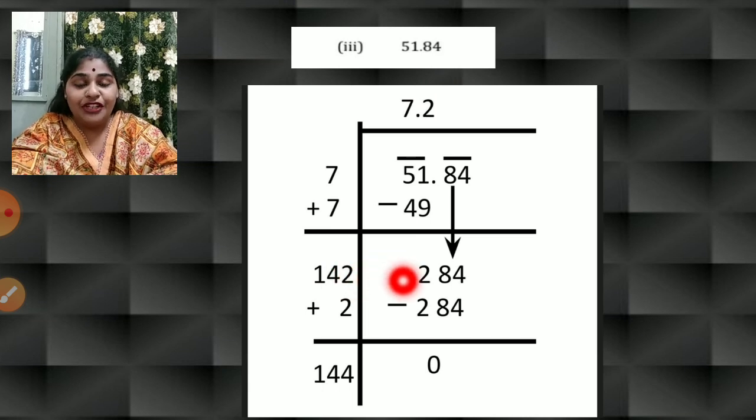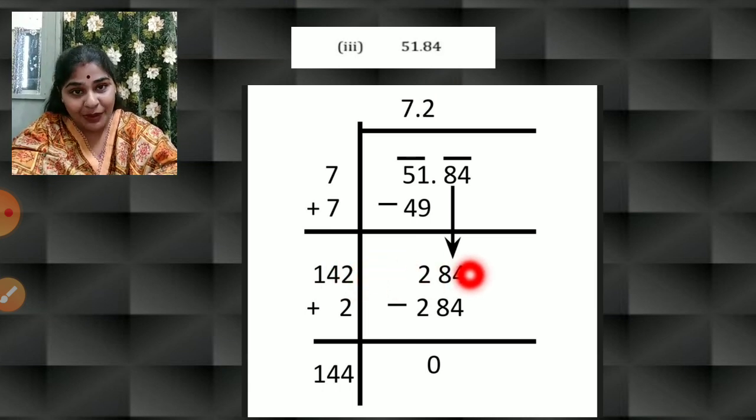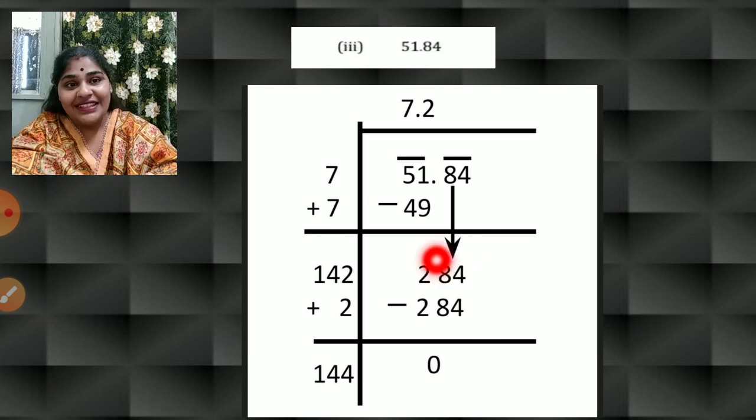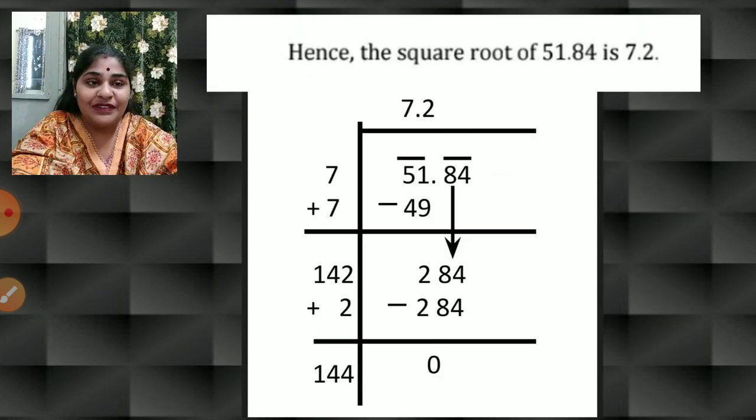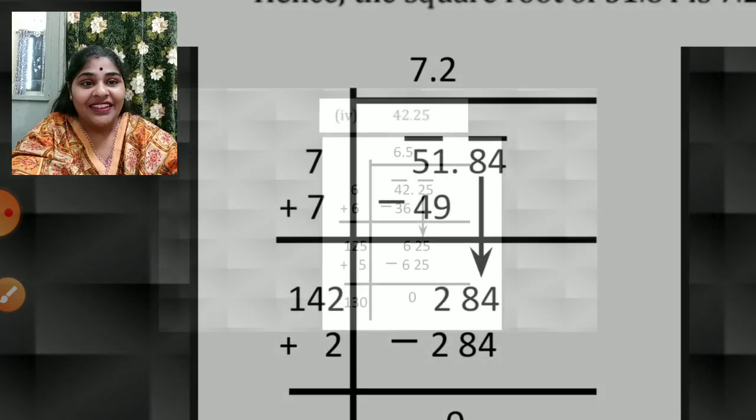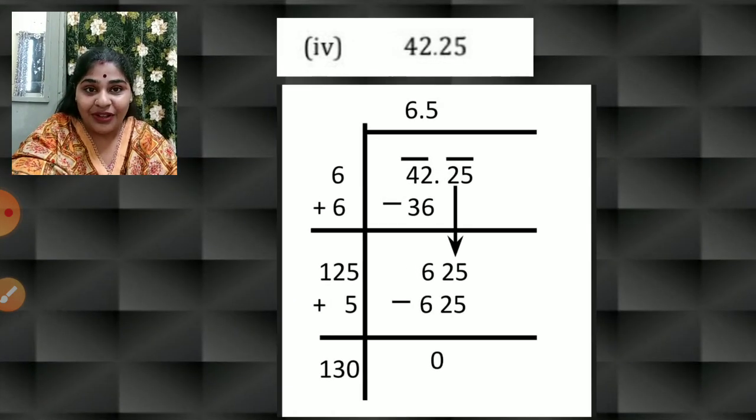So 142 plus 2 is 144, and you will notice that 72 multiplied by 2 is 144. And at last you will write hence the square root of 51.84 is 7.2. So this is the way how you are going to solve, children.